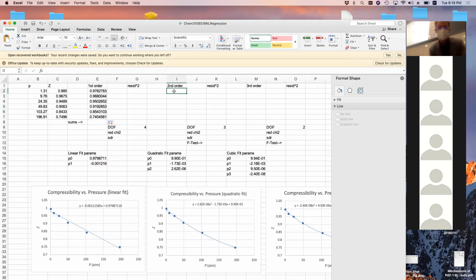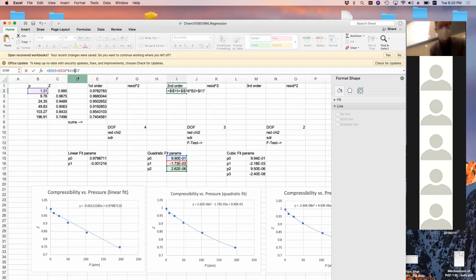Okay. And so for the second order fit, it's going to be the same thing, but we just take the intercept plus the linear coefficient times the X value, plus we need a third term now, the quadratic term.